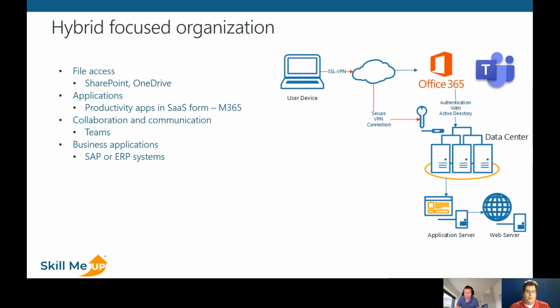Unless you're a startup business that started up probably in the last 5 years, you're generally not going to be a cloud native organization where everything that you run is in a cloud environment. So you're going to probably have some sort of Active Directory Domain Services within your environment. And you're connecting both to those cloud applications of Office 365 and Teams, as well as having application servers and maybe even web servers still running in your data center with that connection.